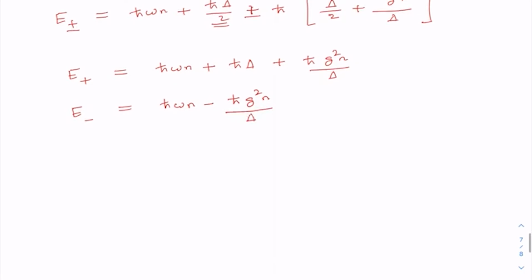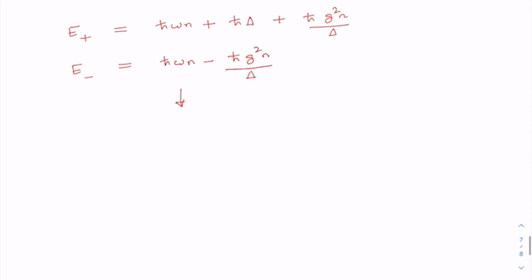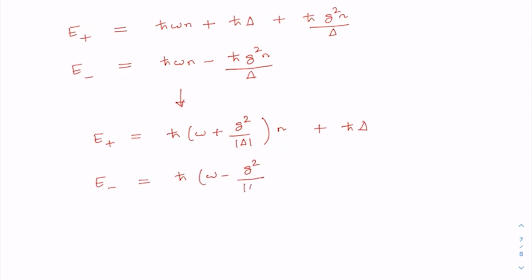Okay, in fact let me rewrite it. This I can also write in this form. Say E plus is equal to ħ(ω plus Ω²/Δ)n plus ħΔ, and E minus I have simply ħ(ω minus Ω²/Δ)n.